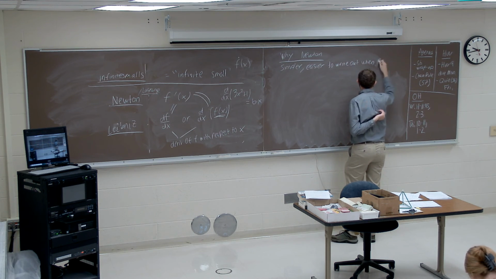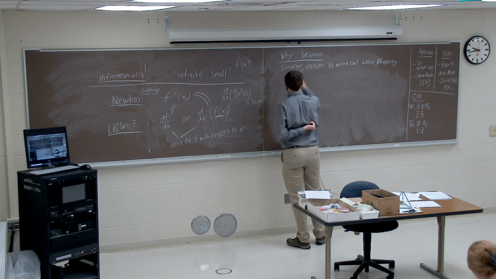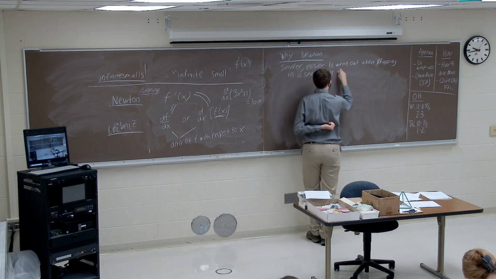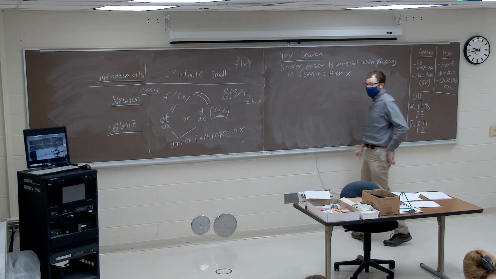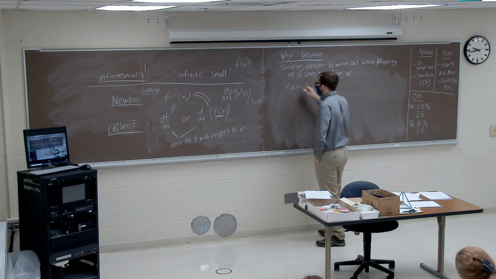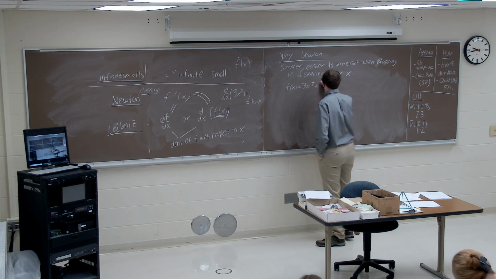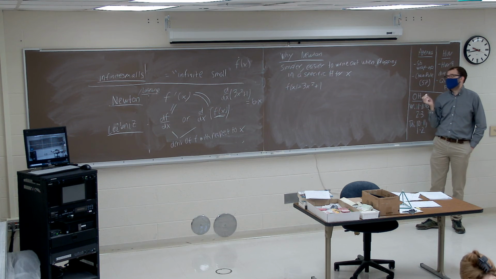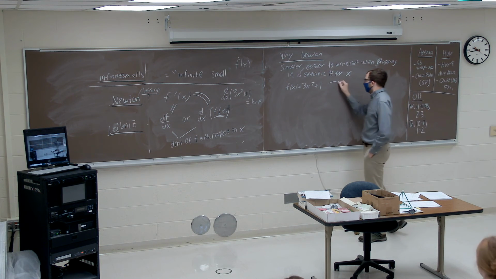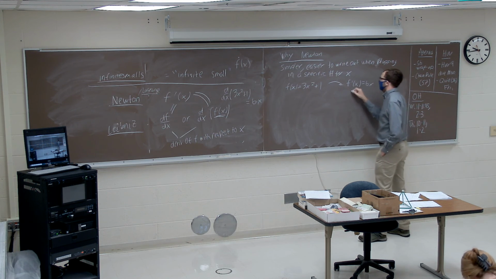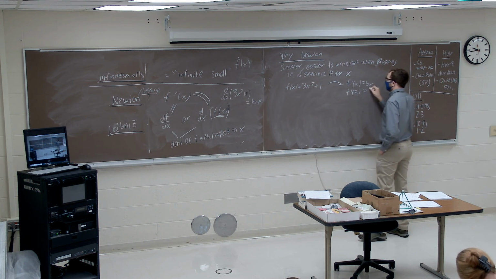So for instance, if we have f of x equals 3x squared plus 1, and we want to take the derivative at x equals 5, we could say, well, first of all, f prime of x is 6x, and f prime of 5 is then 30.